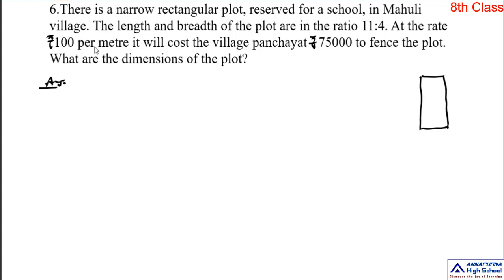At the rate of 100 rupees per meter, it will cost the village panchayat 75,000 rupees to fence the flat. That means when you arrange a fence around this rectangular flat, the total cost is 75,000 rupees.